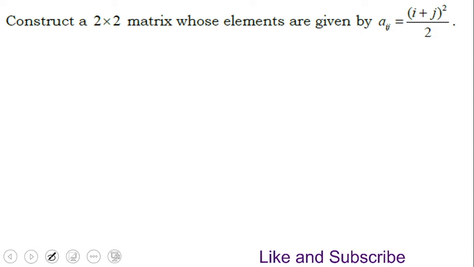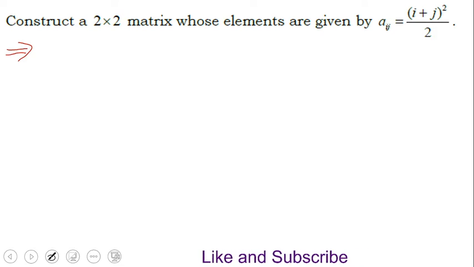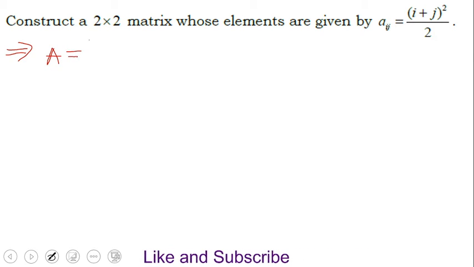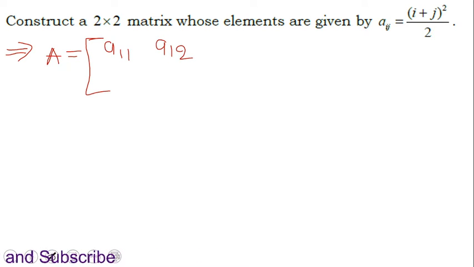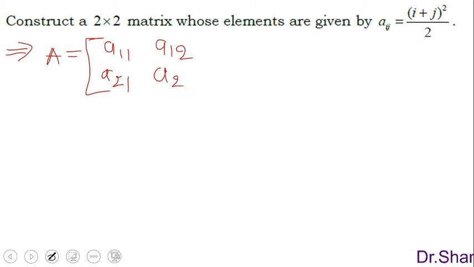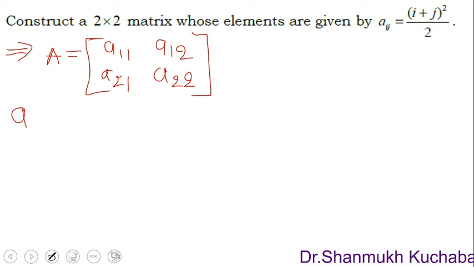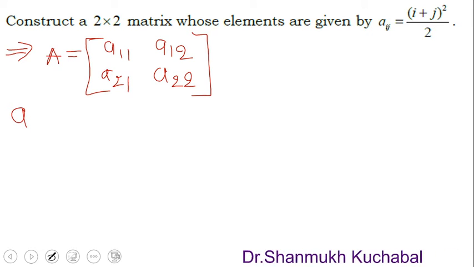I construct a matrix with 2 rows and 2 columns: a11, a12, a21, a22. Then I use the formula aij equal to (i plus j) square divided by 2.